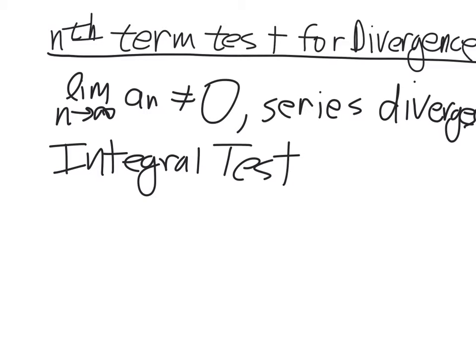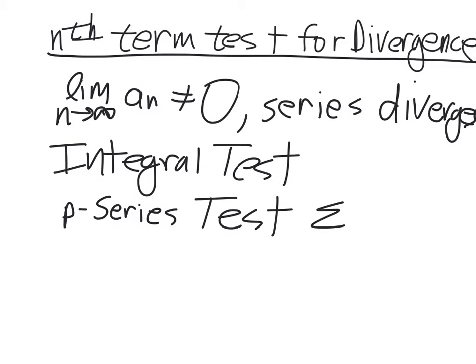Now, to me, the best use of the integral test is proving what's called the p-series test. The p-series test is in the form 1 over n to the p, and it's basically just a comparison of what p is.